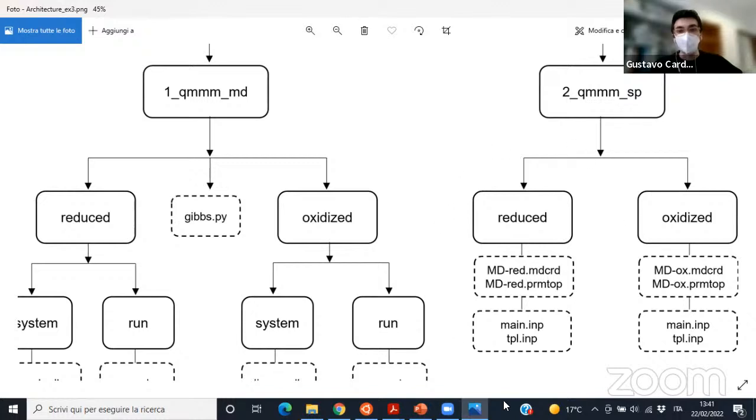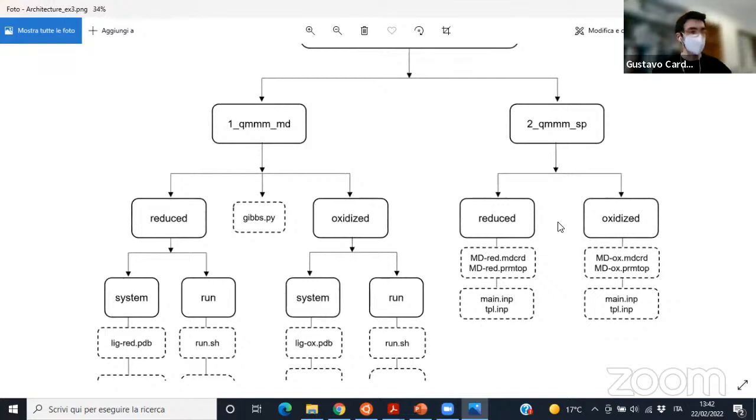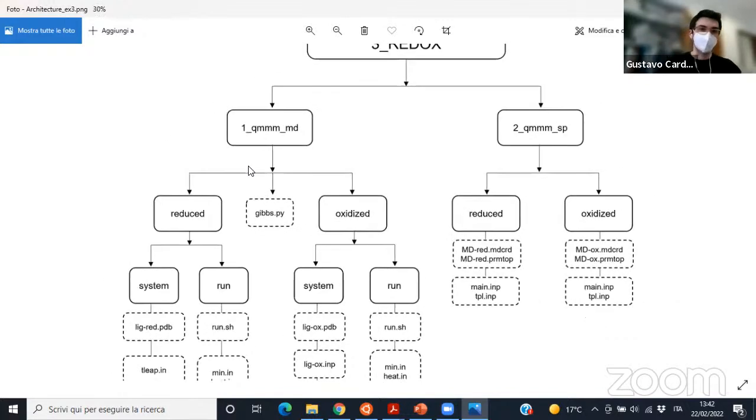Here we had used Amber, but what we're going to do is retrieve 100 geometries from the simulation and use the mobile tools package to generate the input files, for the reduced and for the oxidized species. We're going to get more into details later on. But for the time being, this is the architecture of our tutorial.